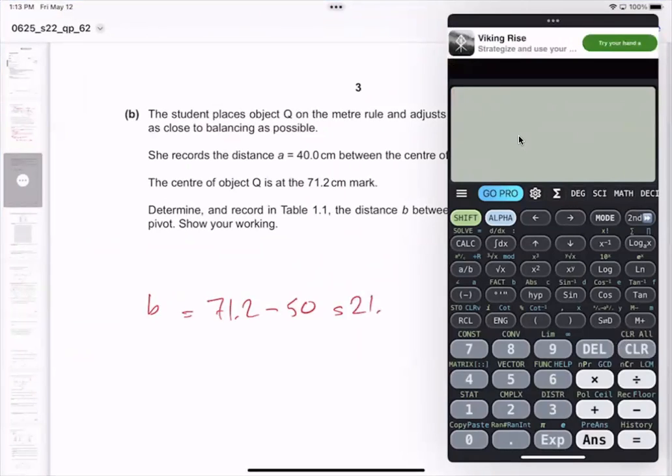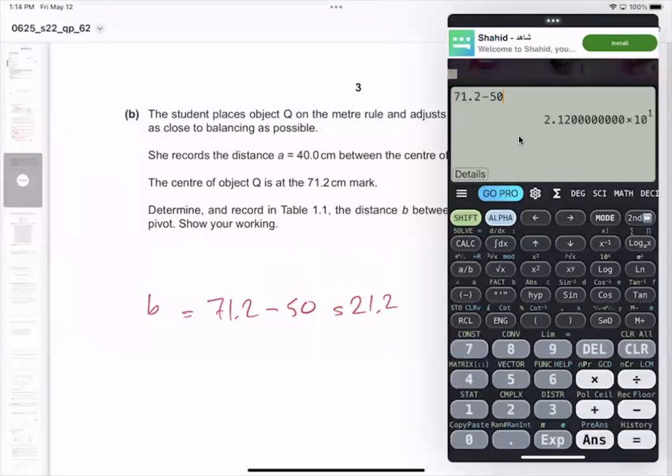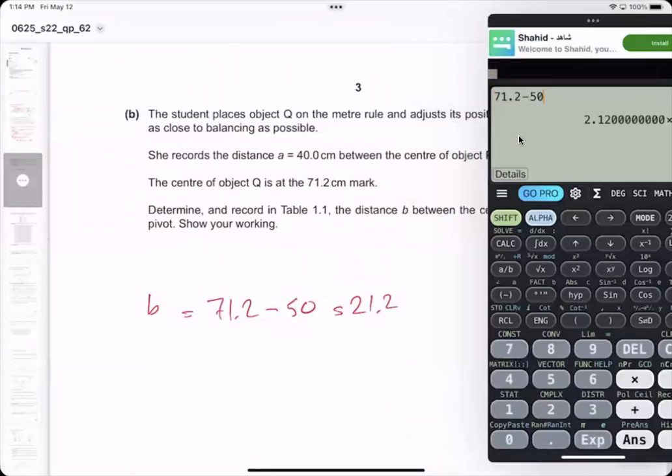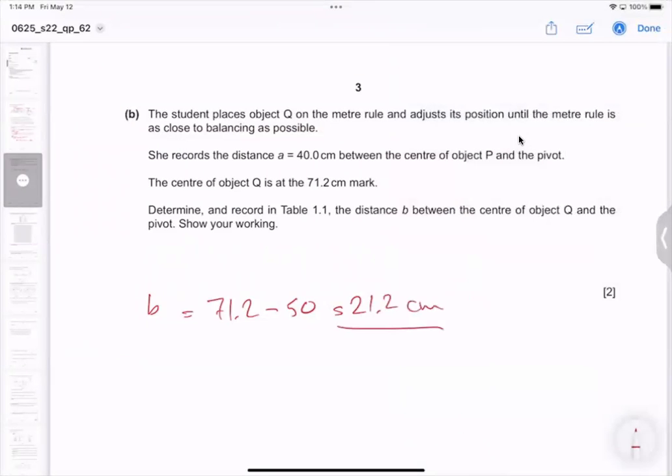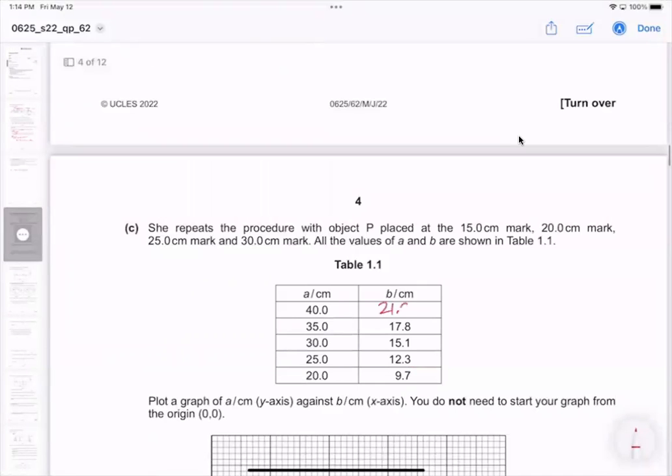Are you sure? 71.2 minus 50 is 21.2. Okay, centimeters, of course. So we have 21.2, and I'm going to place it here, 21.2.